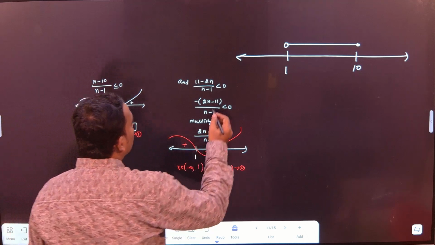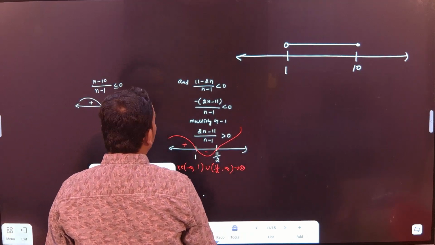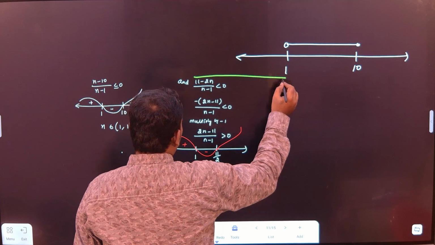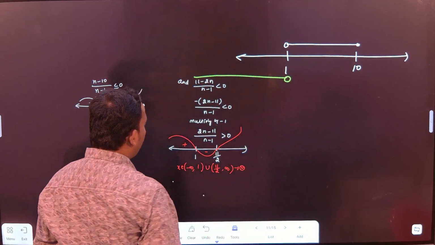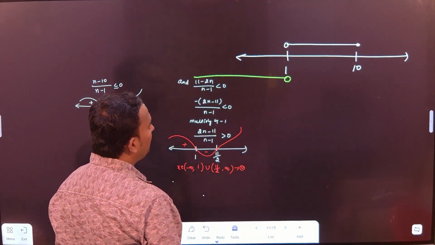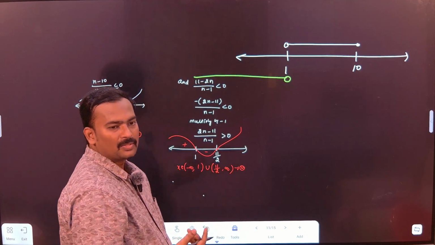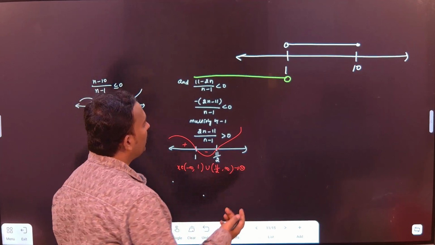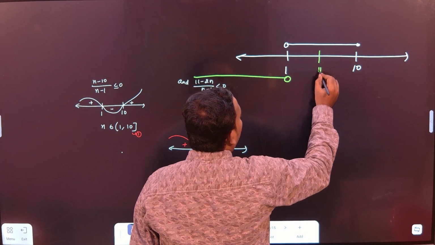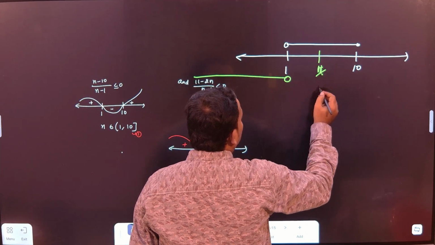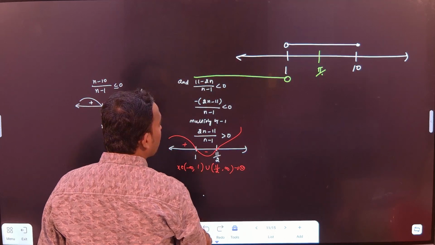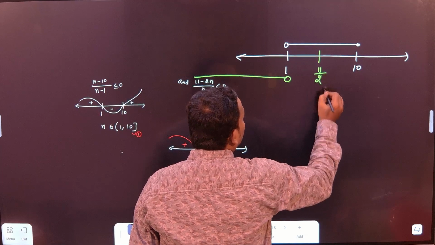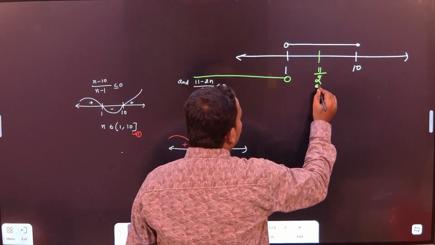I will take another color: minus infinity to 1, 1 is not included. Then 11 by 2 to infinity. 11 by 2 is 5.5, right? Here it will be. 11 by 2 to infinity.